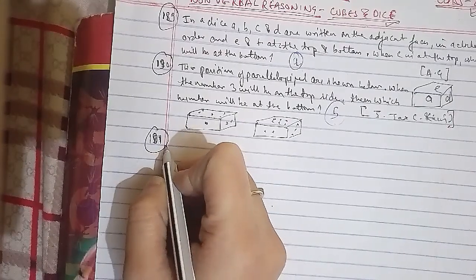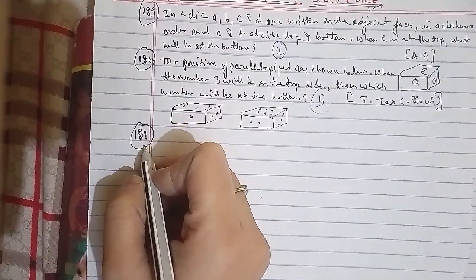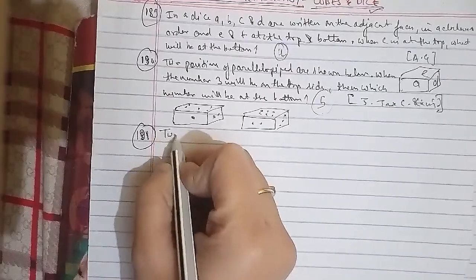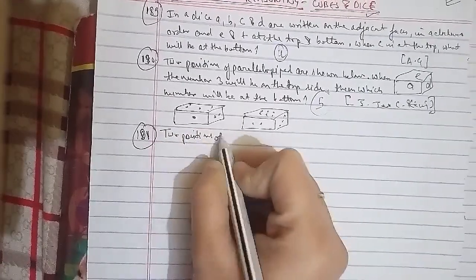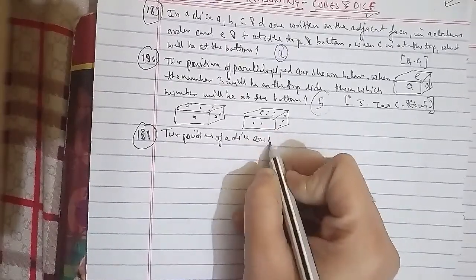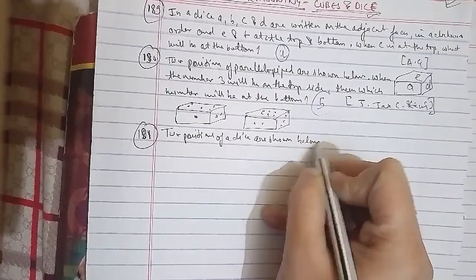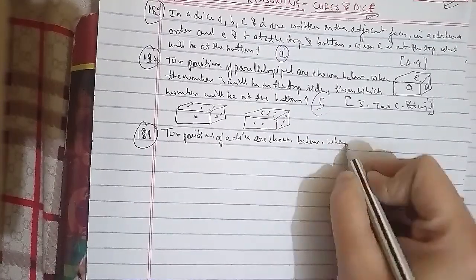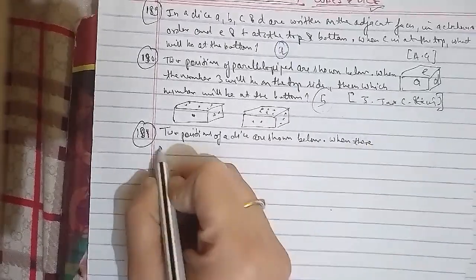When there are 2 dots at the bottom, the number of dots at the top will be? This question has been asked in your assistant grade question paper, and it is an important one as well. So the cube we have here is as follows.